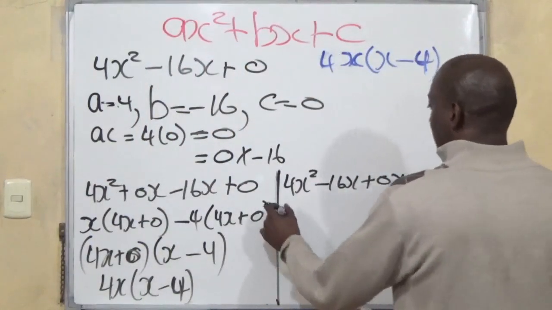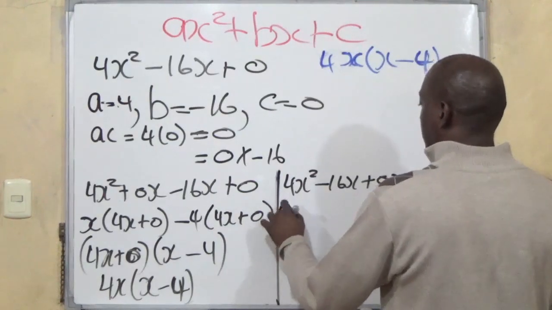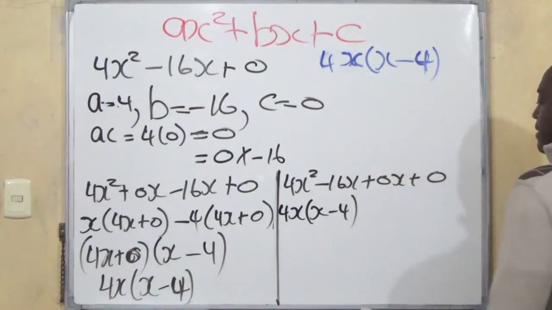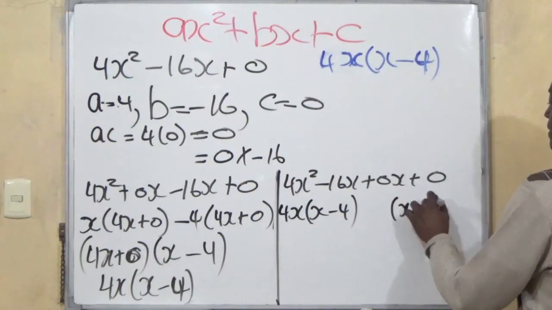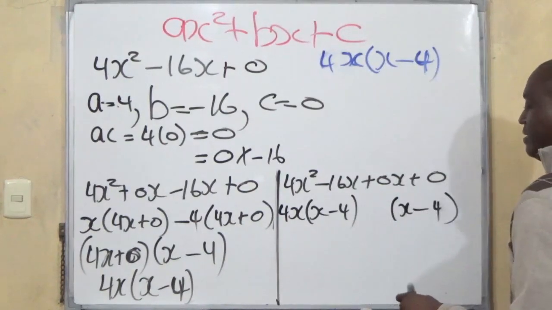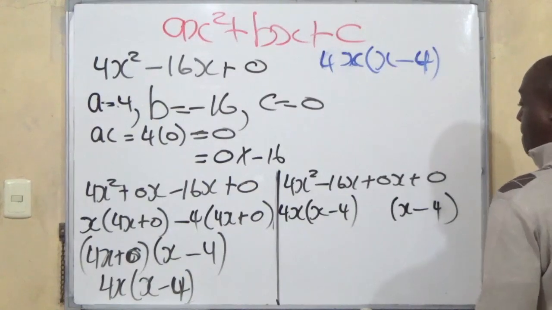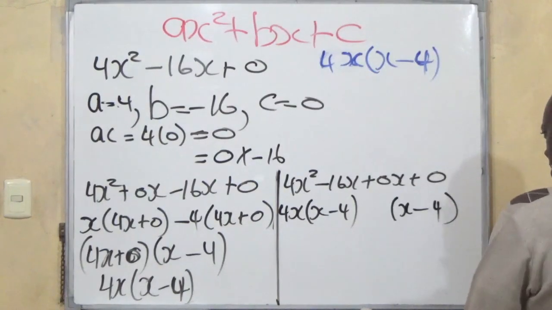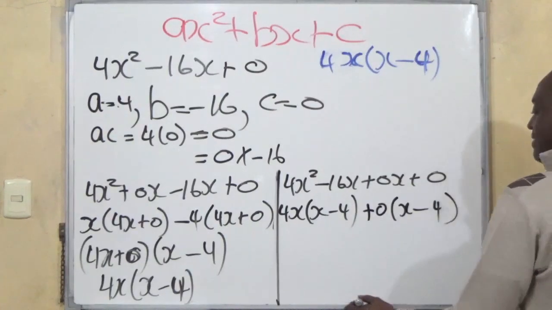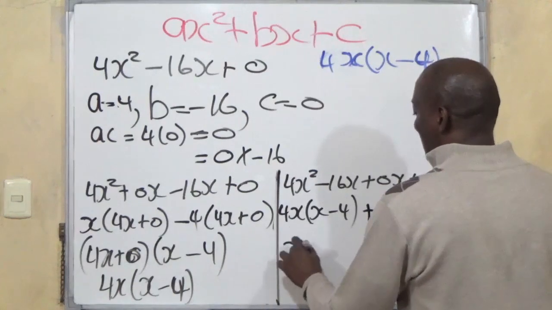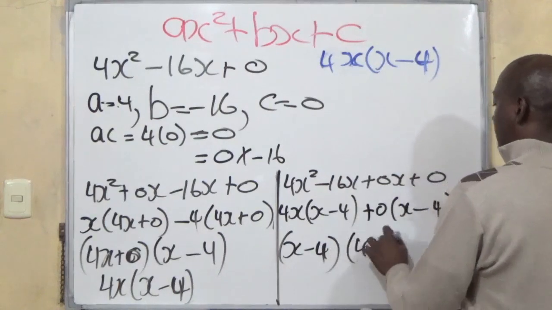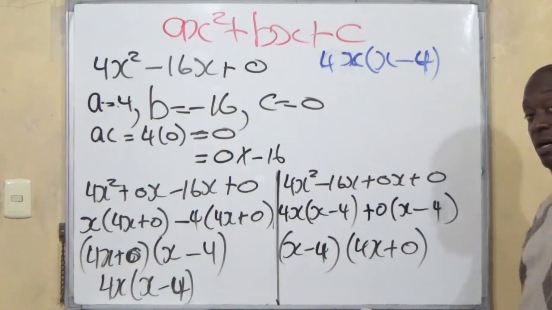So we say here what? 4x into x minus 4, and then if we put the x minus 4 here, for the factorization that makes sense, factorization by groups, we say that this would be what? 0 plus 0 into x minus 4. So you say x minus 4 as the common factor into 4x plus 0. Pressure! Look at it.